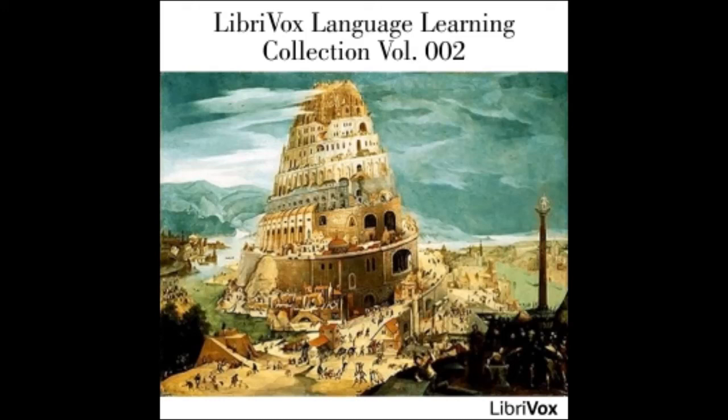14. The termination us becomes oris, eris, uris, udis, utis, or odis, as corpus, corporis, neuter, a body, opus, operis, neuter, a work, crus, cruris, neuter, the leg, incus, incudis, feminine, an anvil, salus, salutis, feminine, safety, tripus, tripodis, masculine, a tripod. 15.